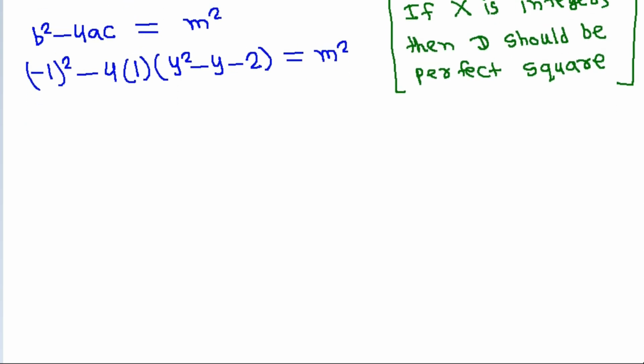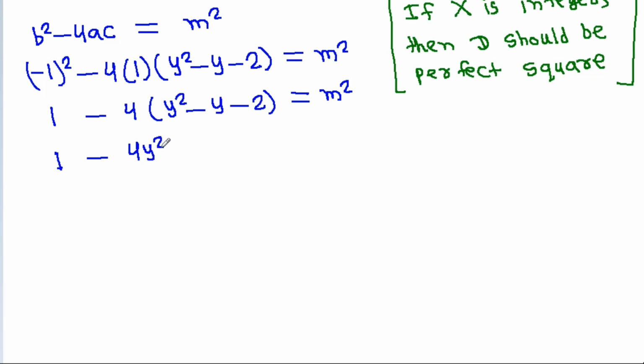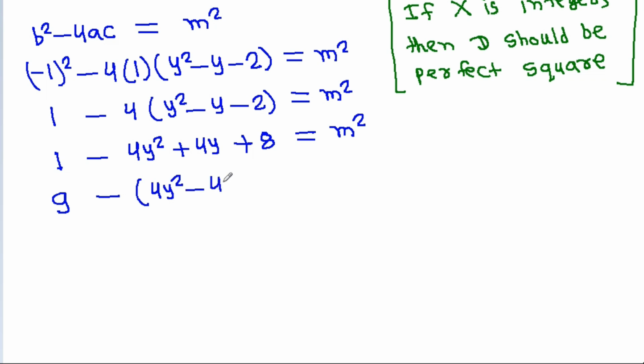And it is 1 minus 4 times y square minus y minus 2 is equal to M square, and 1 minus 4y square plus 4y plus 8 is equal to M square, and 1 plus 8 is 9 minus 4y square minus 4y, it is equal to M square.